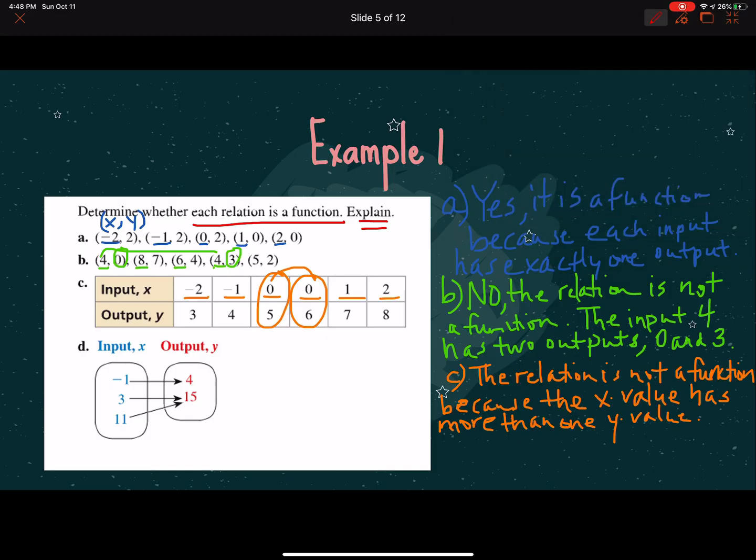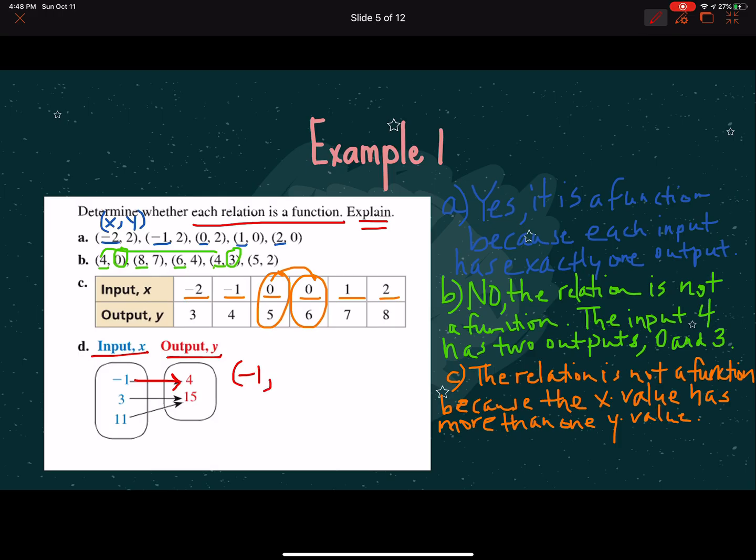Okay, let's look at the last part on example 1. And we have an input-output in a mapping diagram. So the version of part D is just organized differently as what we call a mapping diagram, where your input is separated from your output, and each of these are being connected to show what that would look like as an ordered pair.